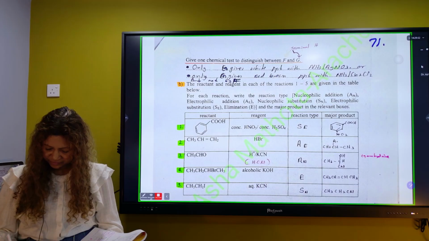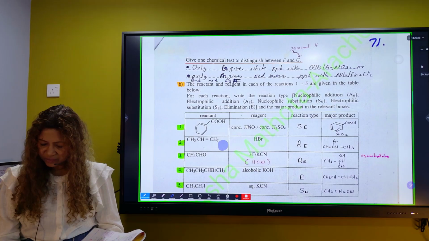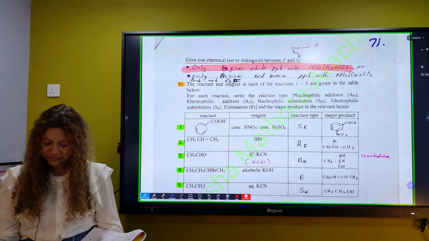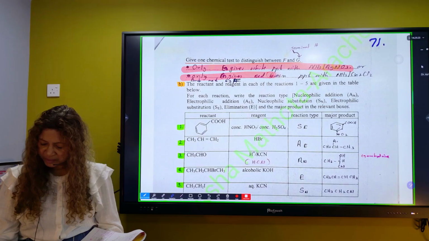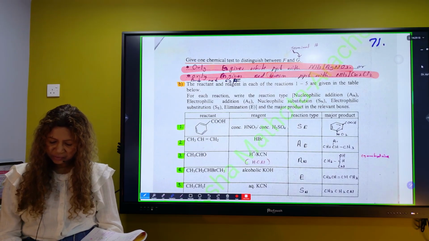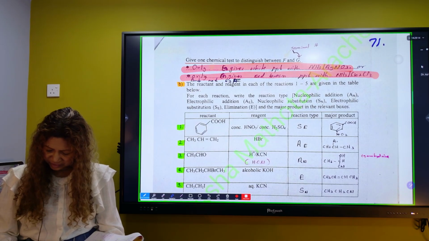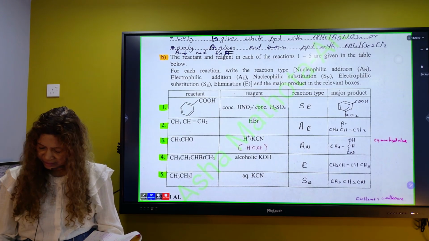You can use any of these identifications of terminal alkynes. Only G gives a white precipitate with ammoniacal silver nitrate, which F doesn't. Only G gives a red brown precipitate with ammoniacal Cu2Cl2, but not F. You guys have to say that. And then this is clear, I guess.